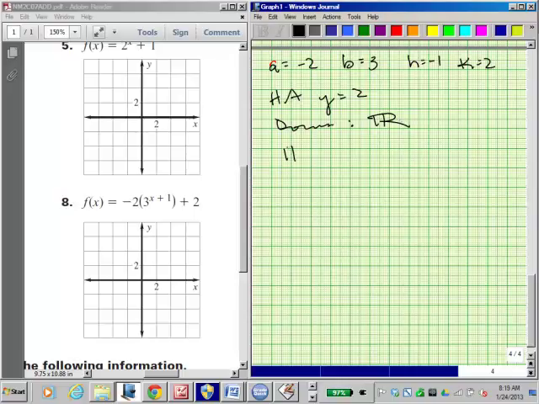But the range, what's the range? Anthony. Y is less than or equal to 2. Okay, you're very close. It definitely has to do with k. But we have an asymptote, a horizontal one. What does an asymptote mean?